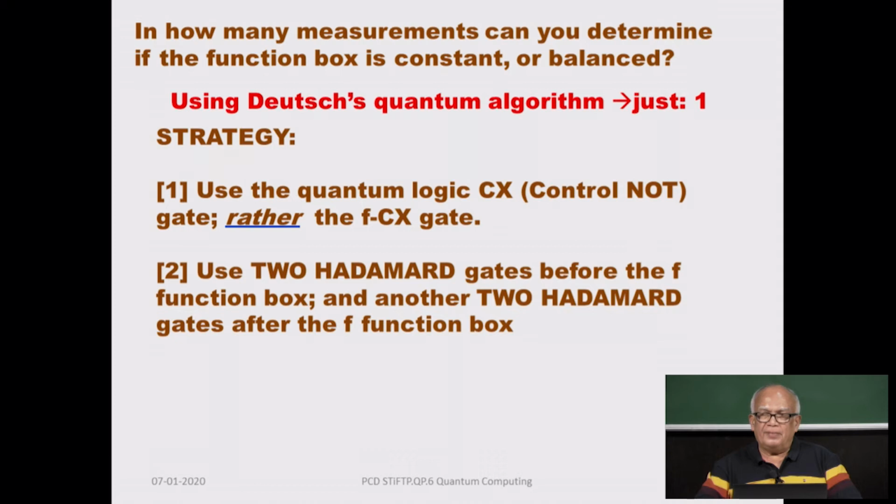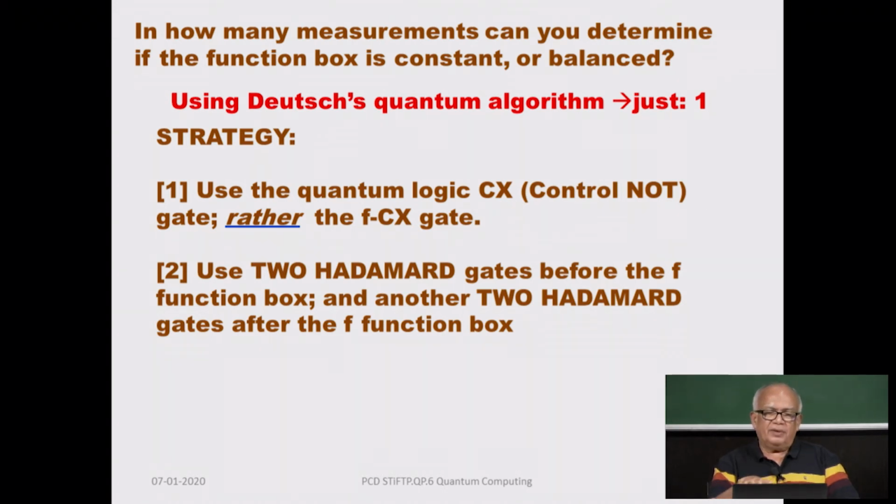Okay, we know what a control NOT gate is, but rather not just the control NOT that we talked about, but the function control NOT. So, it should also include the features of this function box. We do not know what that function is, but we know that there is a certain function, whatever it is, that is the unknown, that is something that you want to determine, right.